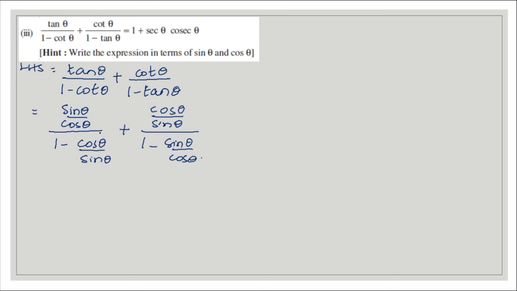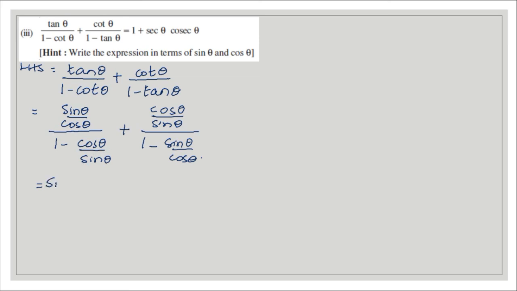The best thing to do next is to take the LCM in the denominator. Once the LCM is taken, it becomes sin theta minus cos theta here, and here it becomes cos theta minus sin theta. Since it's a division of two fractions, we take the reciprocal of the denominator and multiply.